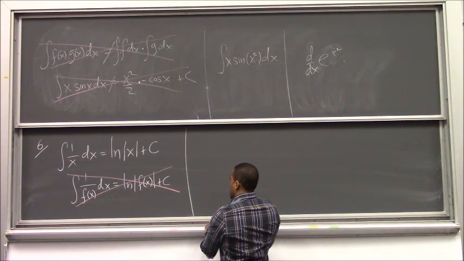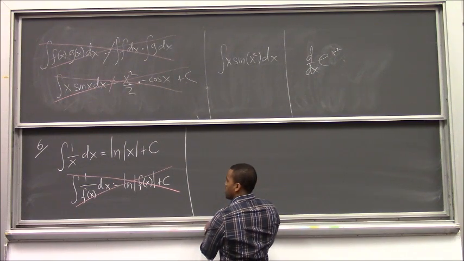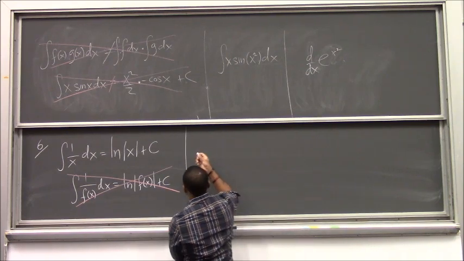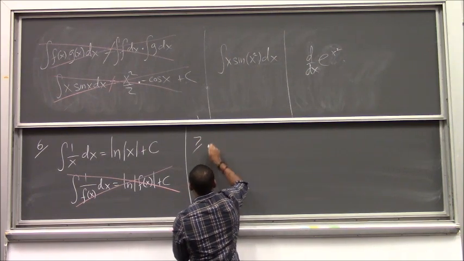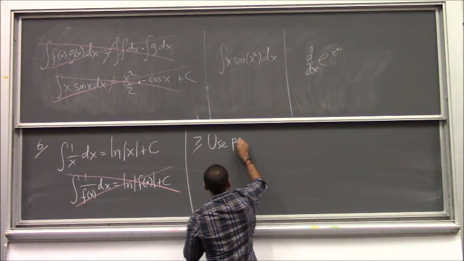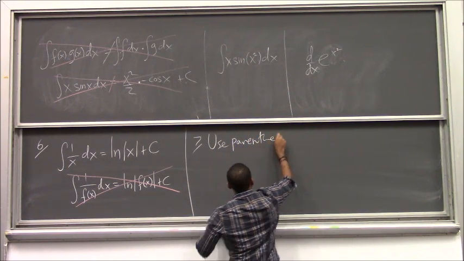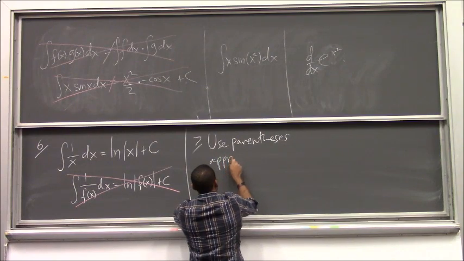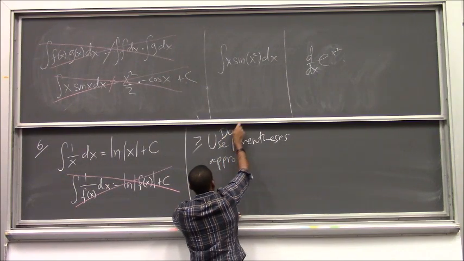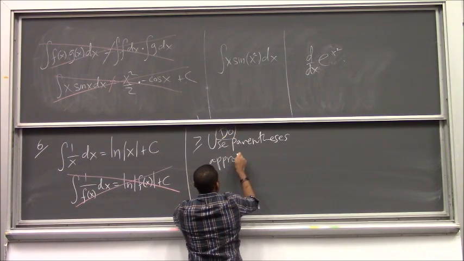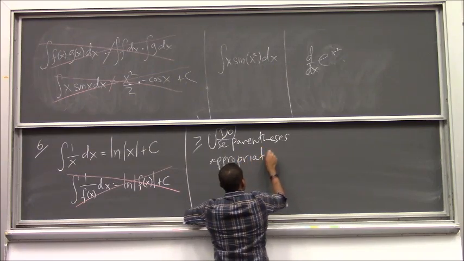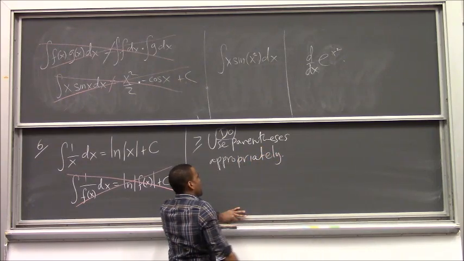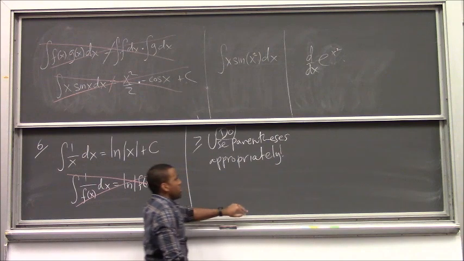What are the mistakes? That's probably problem 5, because I think there were 6 things. Use parentheses appropriately. So this is more of a do, not a do not. You're definitely going to want to use parentheses whenever they are required.